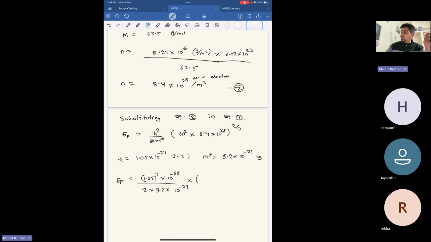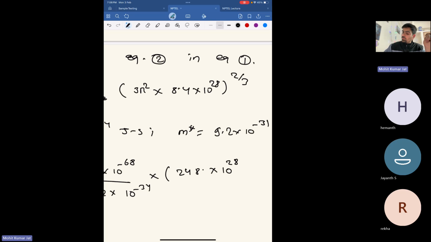Okay, let me just calculate this number. 3 pi square is 3.14 times 8.4, that is 2.48 times 10 power 28, so we write 2.48 to the power 2 by 3.